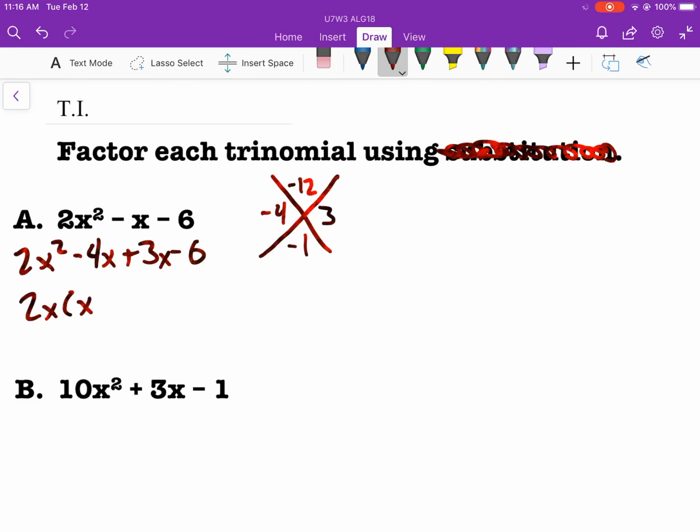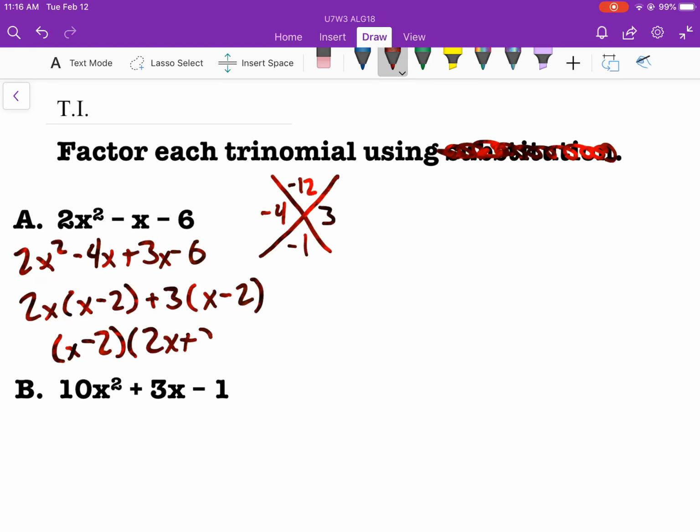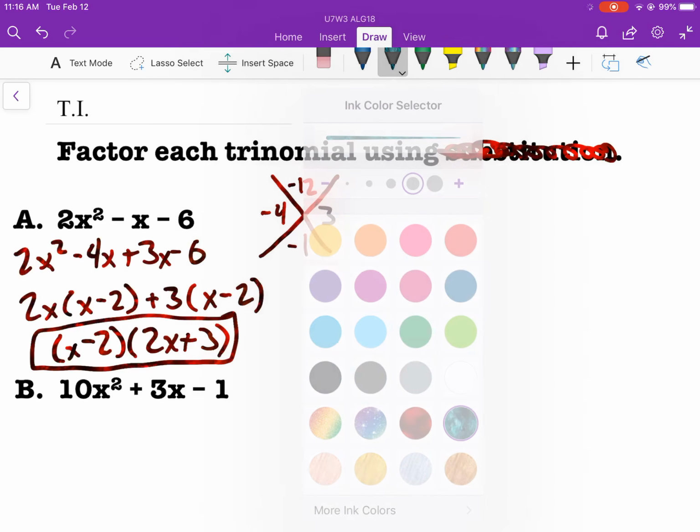Factor out the 2x. x minus 2. Factor out a positive 3. 2x minus 2. No, x. Sorry, been a long couple nights. x minus 2. Factor out the x minus 2. And then you'd have 2x plus 3. Done.